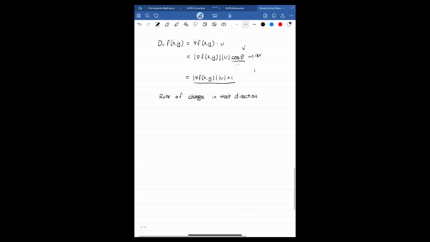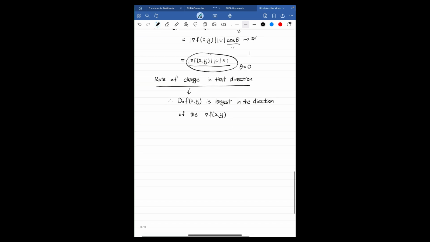And so what we can know is that since this is the largest when theta is 0, we can infer that the directional derivative is largest, and obviously the directional derivative is the rate of change in that direction, in the direction of the gradient vector.